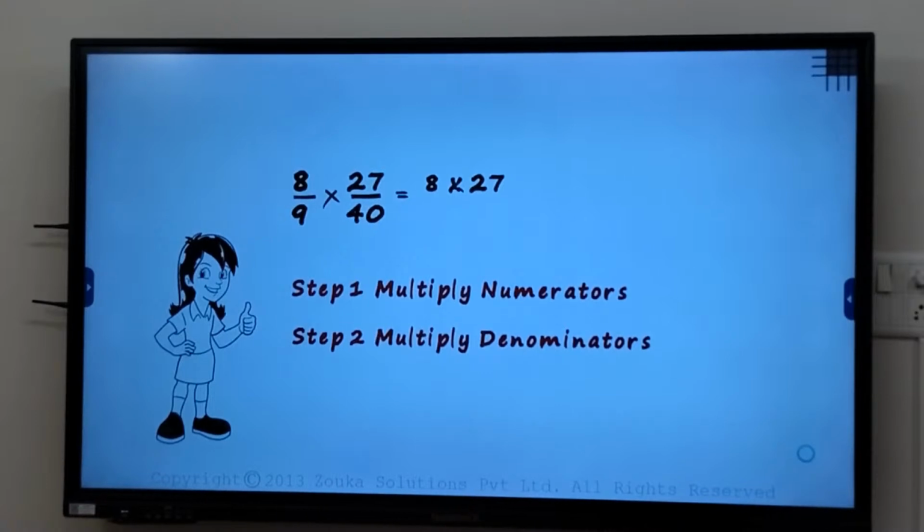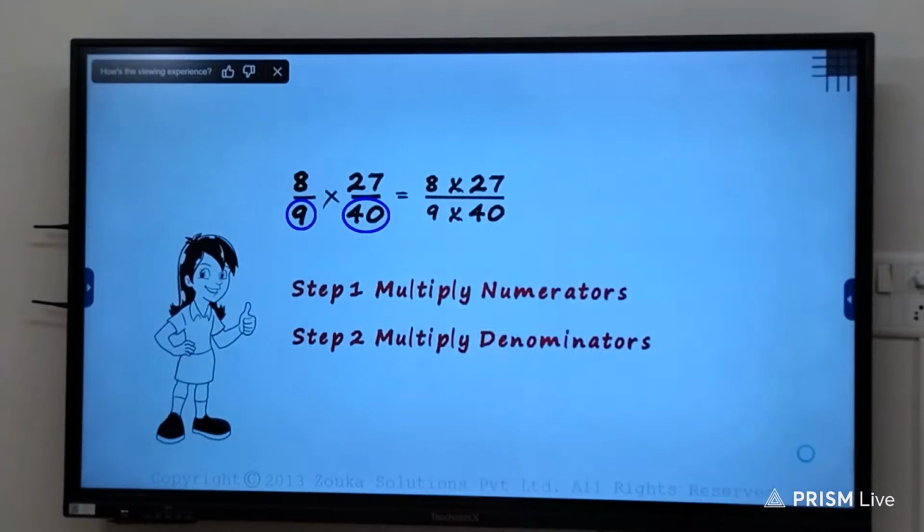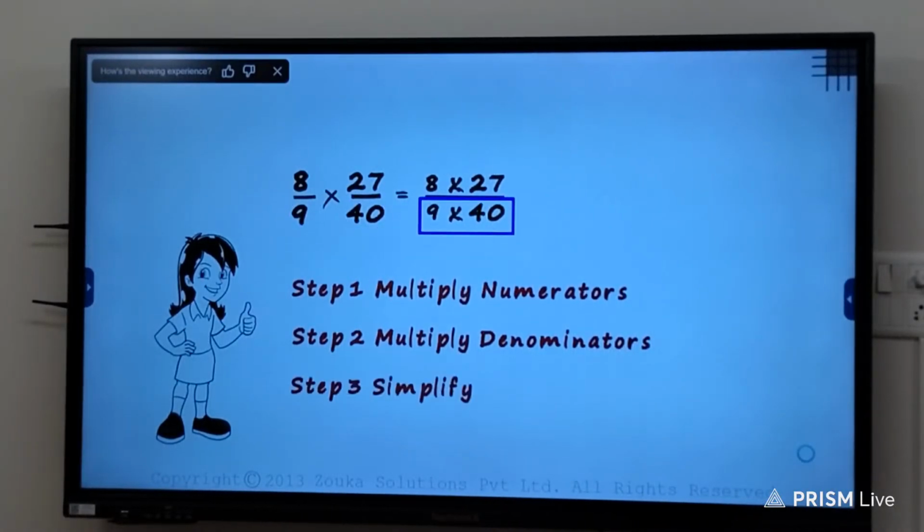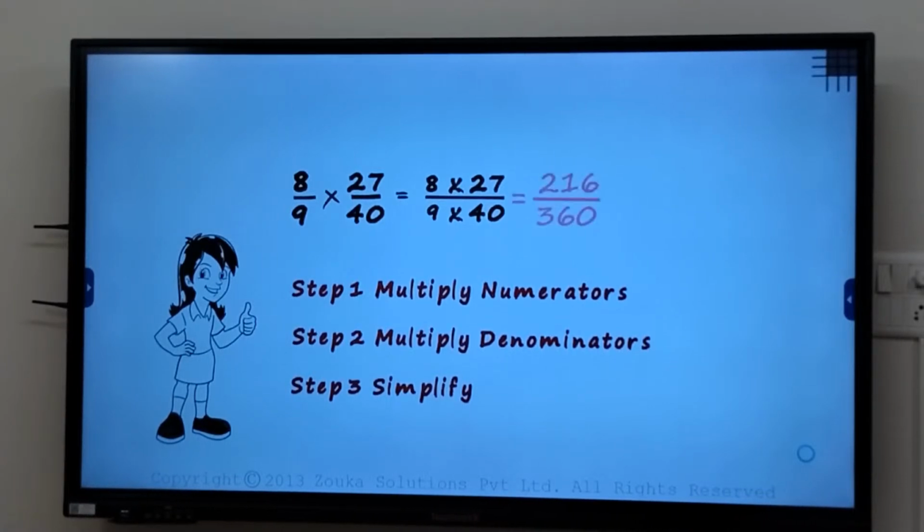In the next step, we multiply the denominators. We multiply 9 with 40 and write it in the denominator. The third step asks us to simplify this. Do not make the mistake of calculating the products and writing it as 216 by 360. That will just complicate the matter.